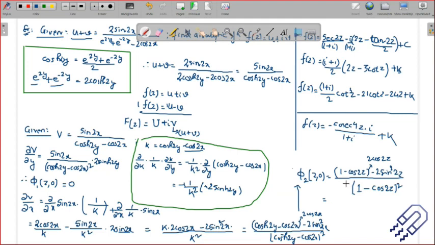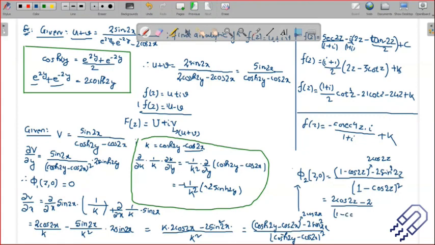So you can open the bracket and you will be getting 2 cos 2z, 2 cos 2z, and then this will be minus, and this is 2 cos square 2z, and this is minus 2 sine square 2z, right? So cos square plus sine square is 1, so if you take common, you will get 1 left out with 2. Open the bracket, do it, you should get it.